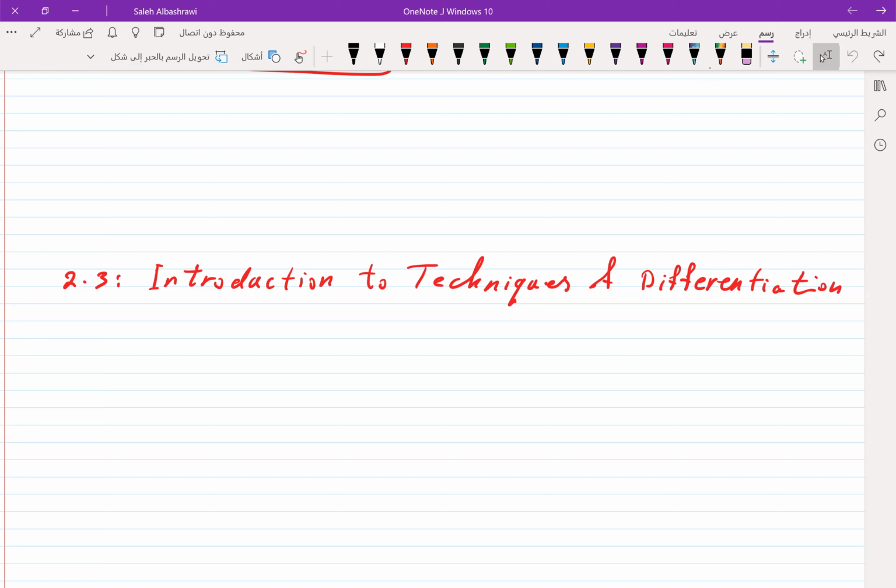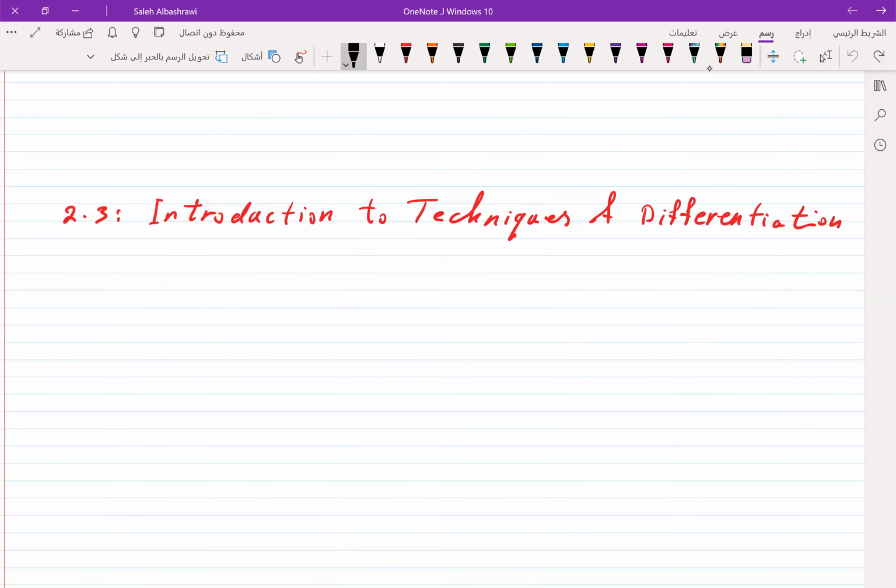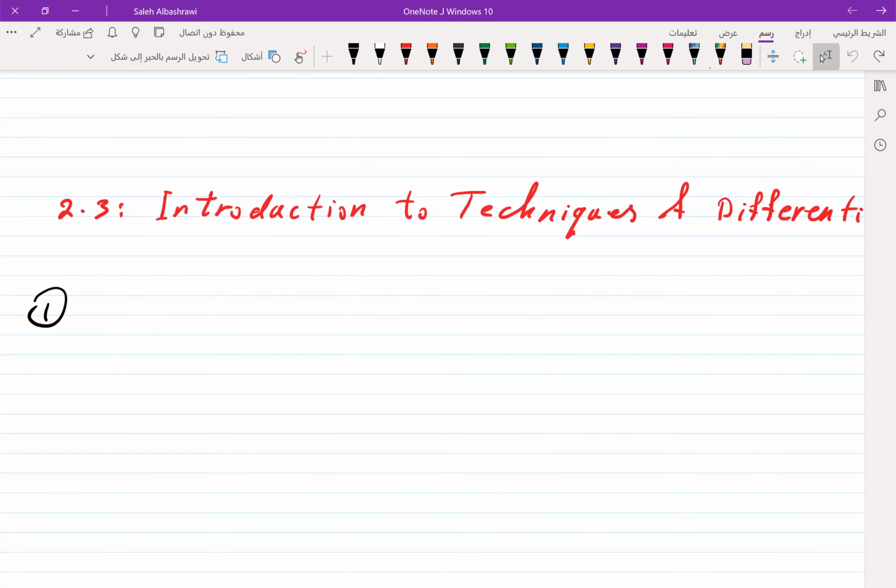We have in this slide 3 rules for differentiation. The first one, the power rule.